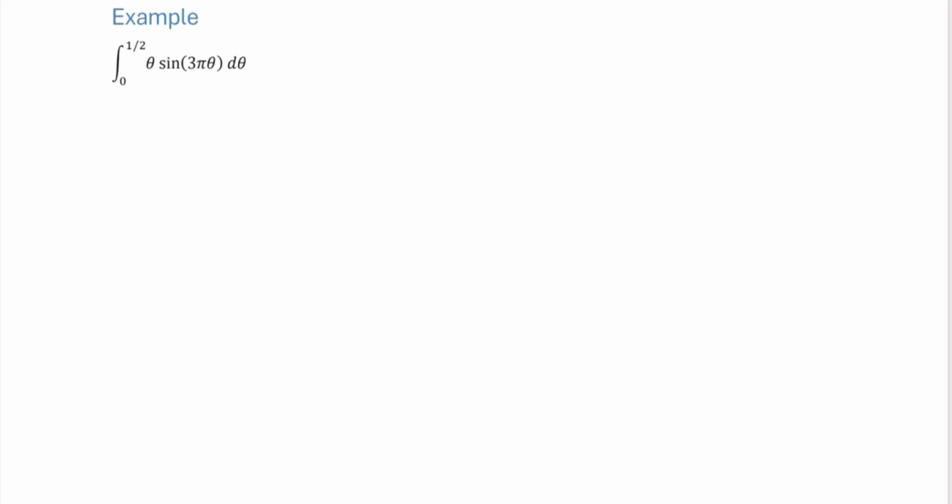In this example, we are again integrating using parts. Let's let u be theta. Then dv has to be sine of 3 pi theta. Focusing on the u, we'll take its derivative. du is 1 d theta, or simply d theta.